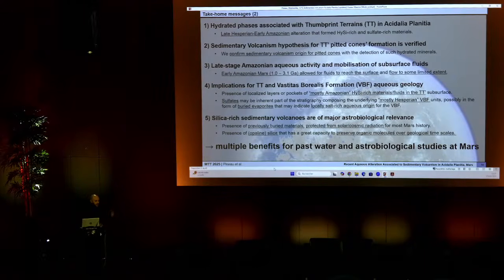And the fact that we have opaline silica is really important too, because silica is one of the best minerals to preserve organic molecules over geological timescales. So looking at these sedimentary volcanoes, especially the silica-rich ones, will be of multiple benefits for past water studies and the search for biosignatures on Mars.